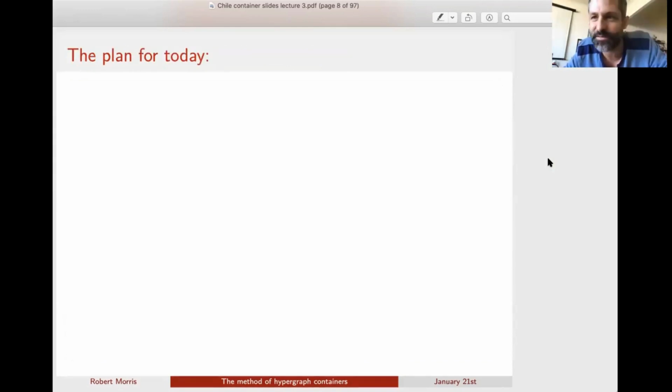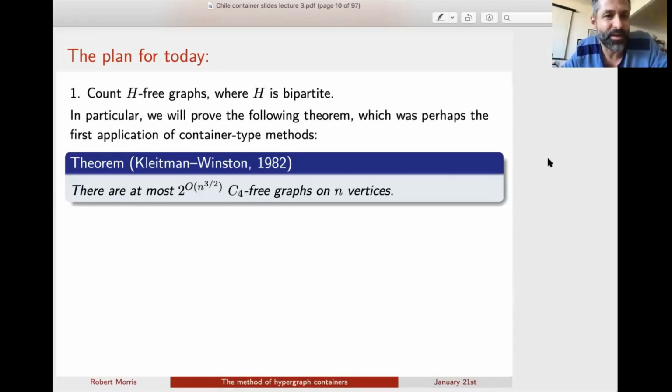So the plan for today, or at least the next 20 minutes: I'm going to try and talk about counting H-free graphs, where H is a bipartite graph. I'm mainly going to focus on this old theorem of Kleitman and Winston, which, as I mentioned, was the key first step in all of this story, counting the number of C4-free graphs.